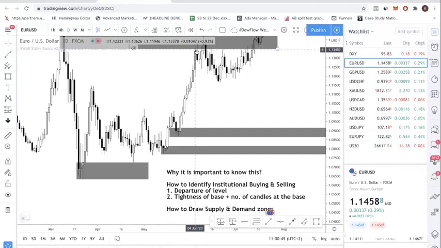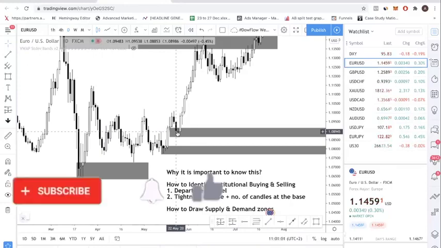That is 8 days of solid buying. So this is where the institutional players were buying. This is the origin of the move, so the departure of this level is great. This is what you want to do when you're trying to identify institutional buying and selling.